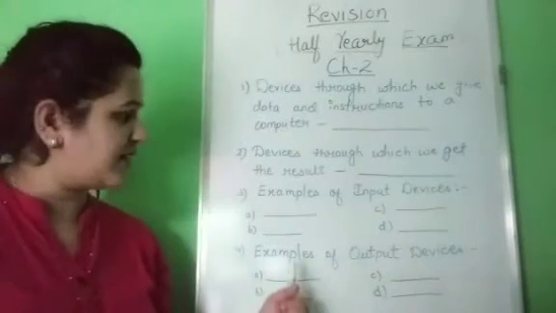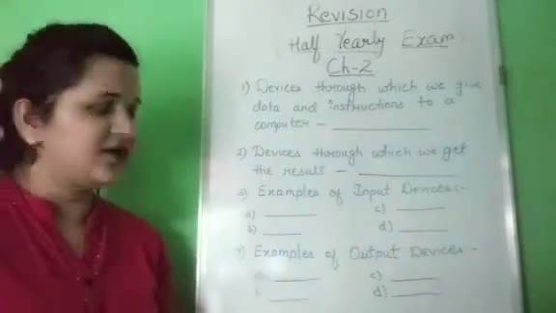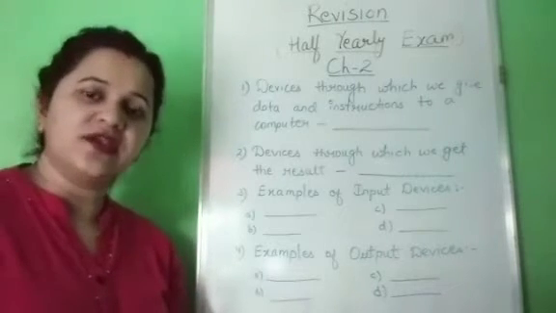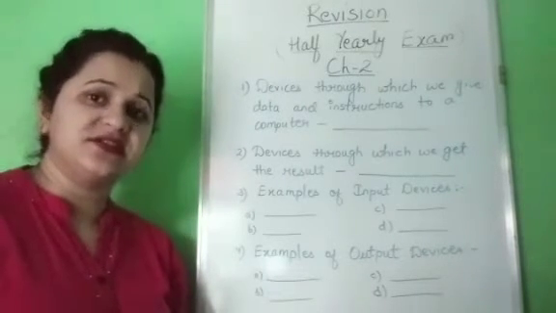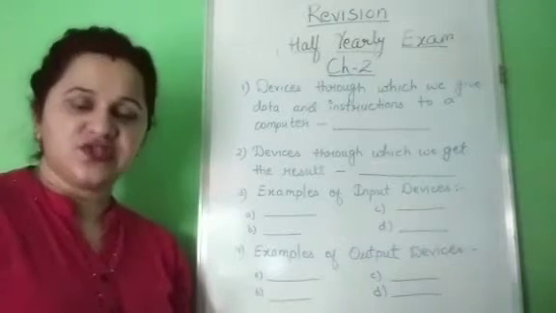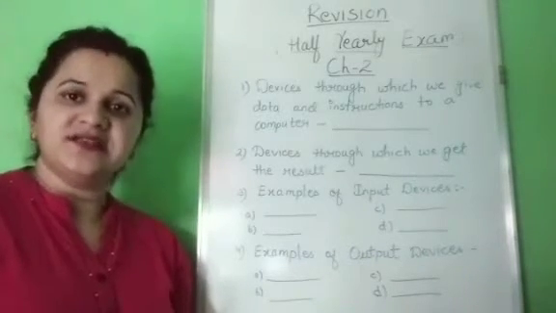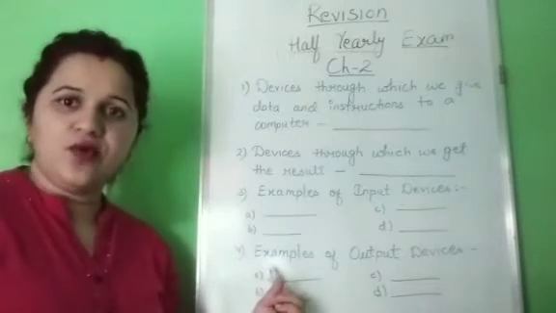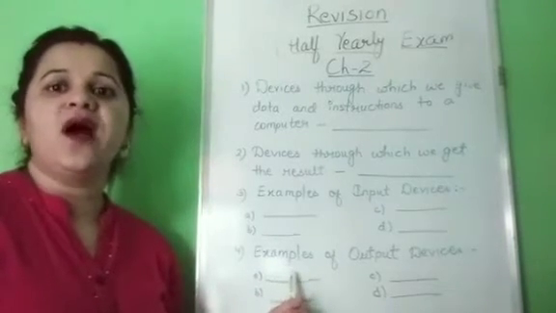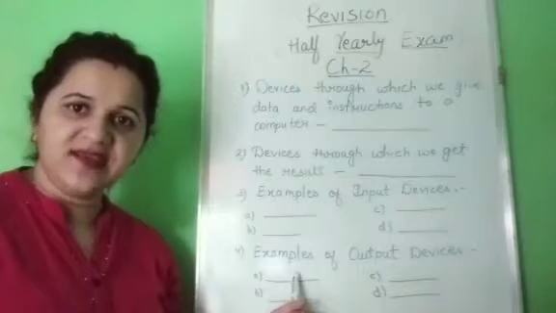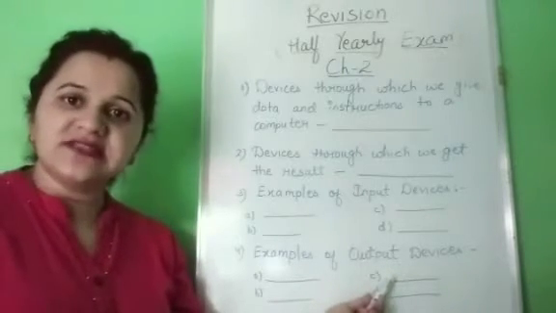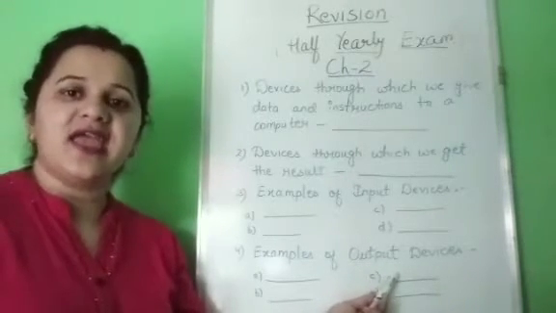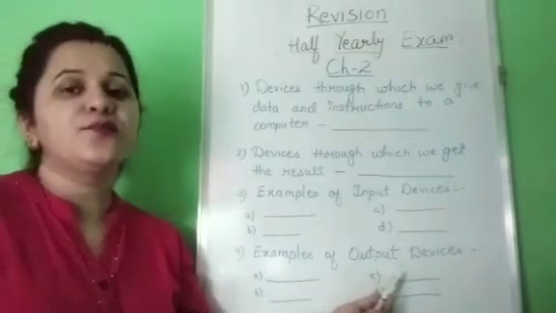Now children, here you have examples of output devices. Now can you see the output devices we have studied in this chapter? Yes, the monitor, M-O-N-I-T-O-R, monitor. Okay, next is printer, P-R-I-N-T-E-R, printer.